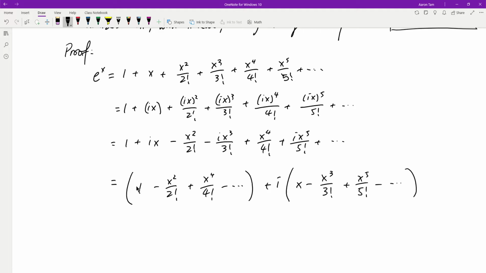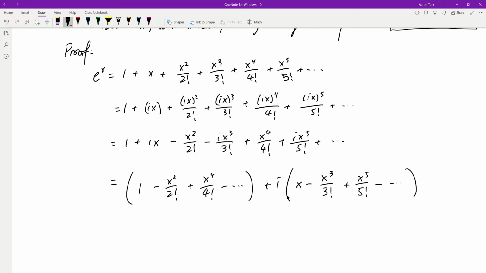One contains only even exponents with even factorials on the bottom and alternating sign. The other has only odd power exponents with odd factorials on the bottom and also alternating sign.